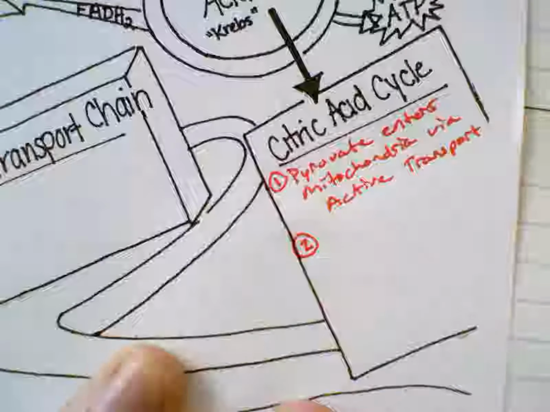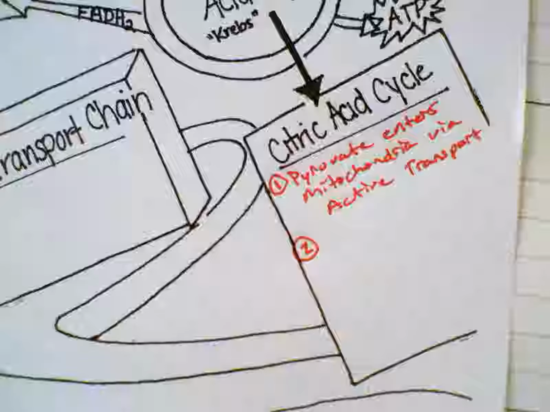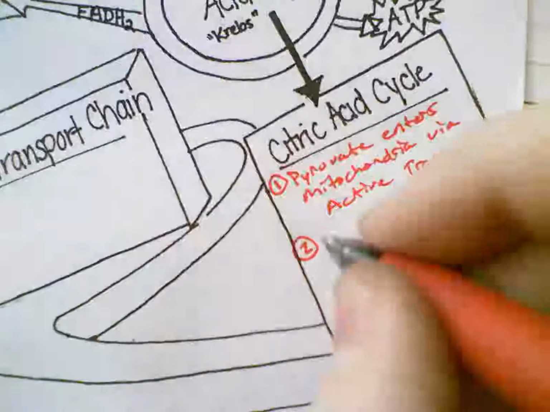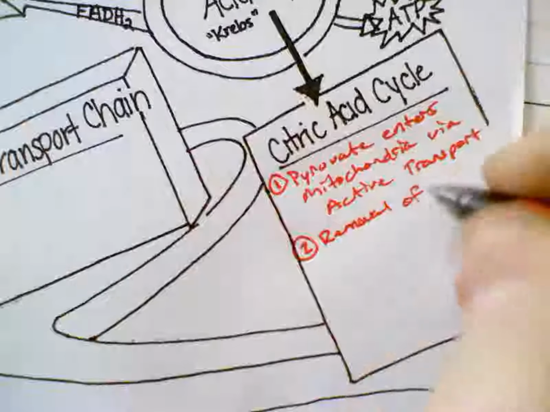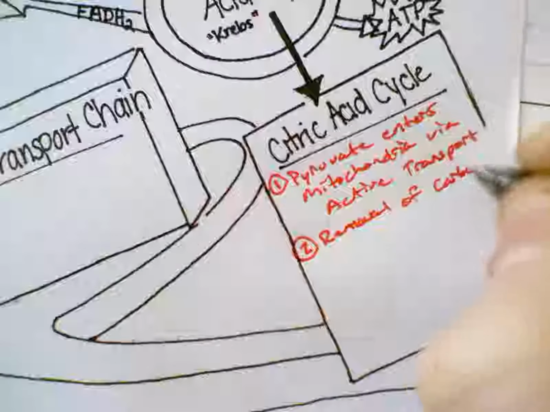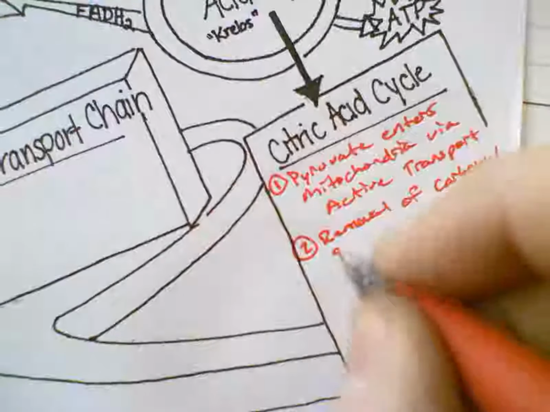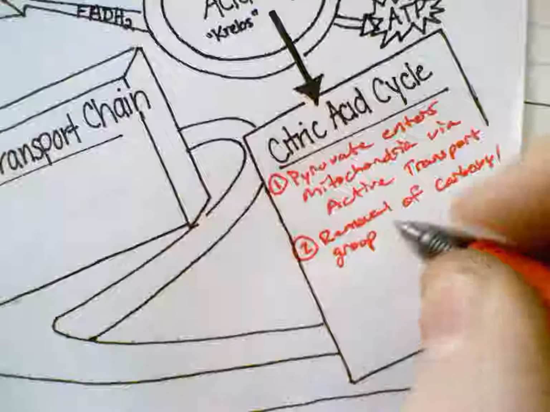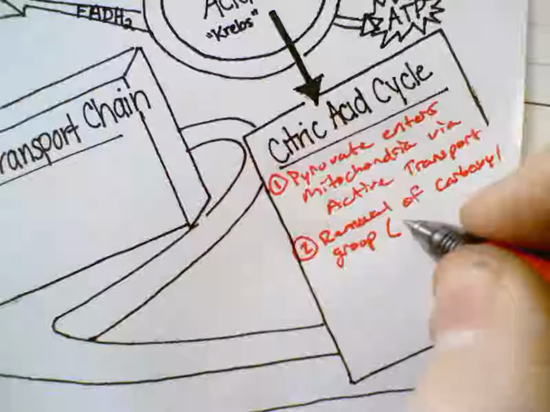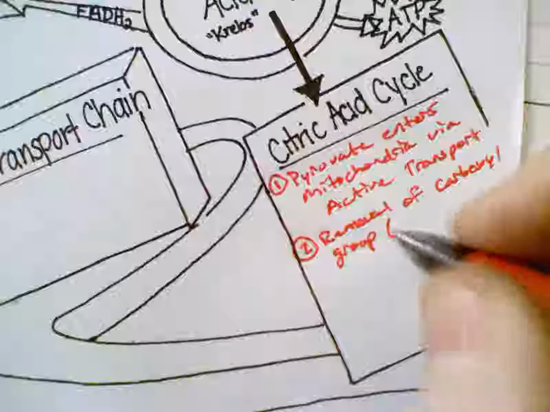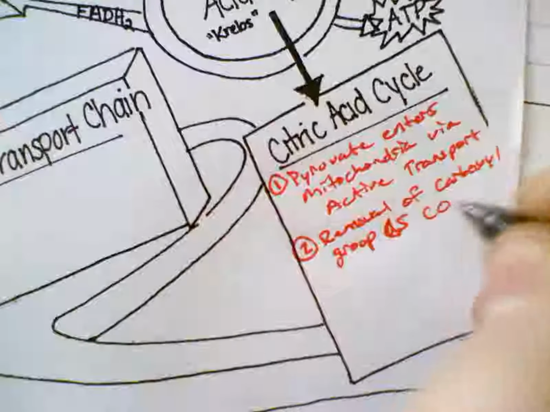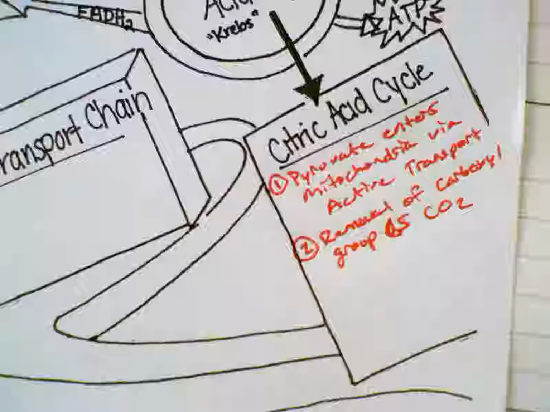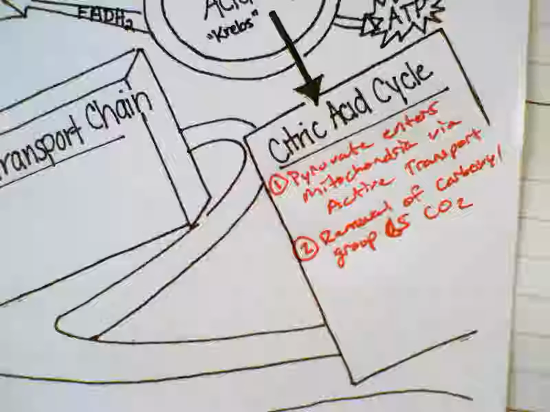The first part of the link reaction is the removal of the carboxyl group, and it's released as CO2. So removal of the carboxyl group is CO2. That would occur right here.